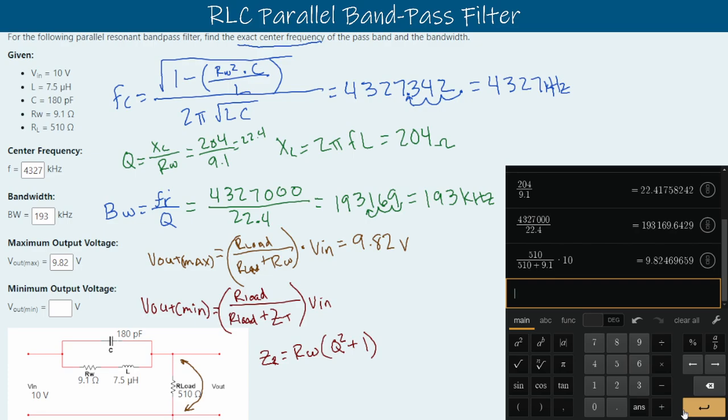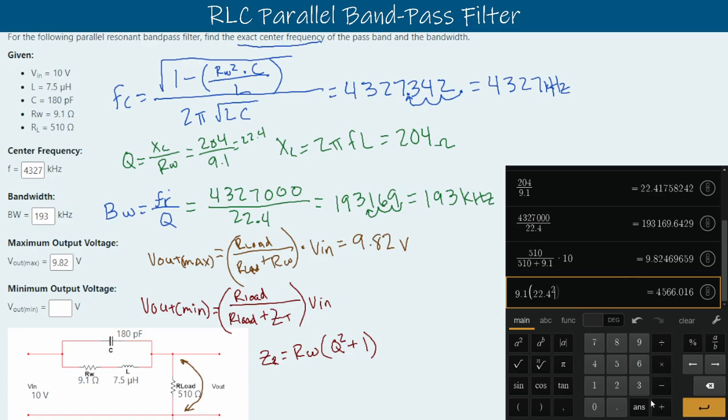So RW, winding resistance, is 9.1, and we'll multiply that, using parentheses here, by our Q factor, which was 22.4 squared. Add that to 1. And that just makes it on the positive side. And so that gives us a maximum of 4,575 ohms, right? That's a factor of our winding resistance. And so we're going to use that as our ZT in this equation.